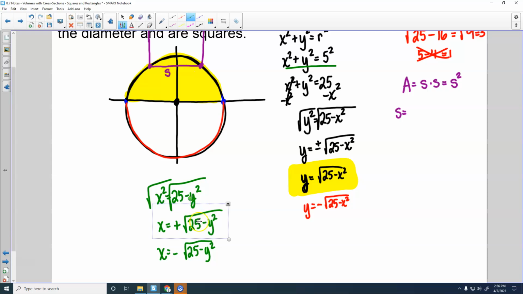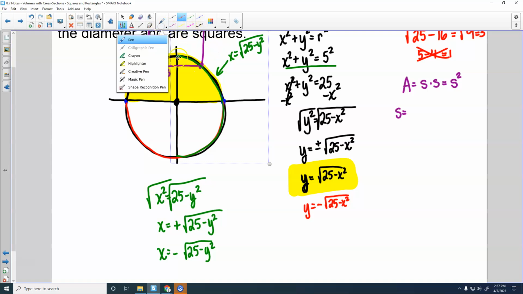The positive part in this case would be over here. This would be x equals positive square root of 25 minus y squared, and the negative part would be over here, and that would be x equals negative square root of 25 minus y squared.